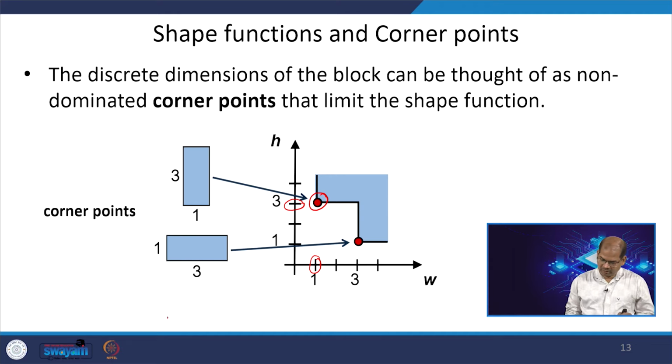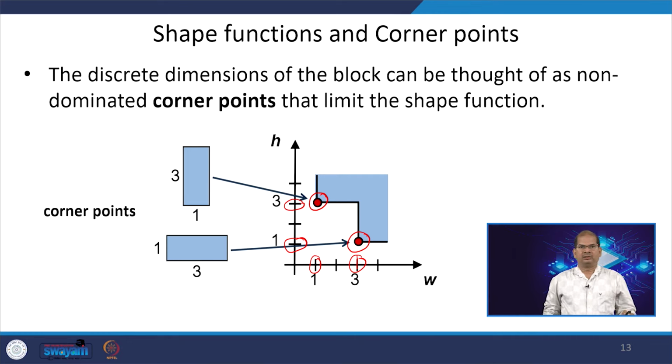The horizontal orientation gives the second point, where the width is 3 and the height is 1. So, there are 2 points in my shape function.